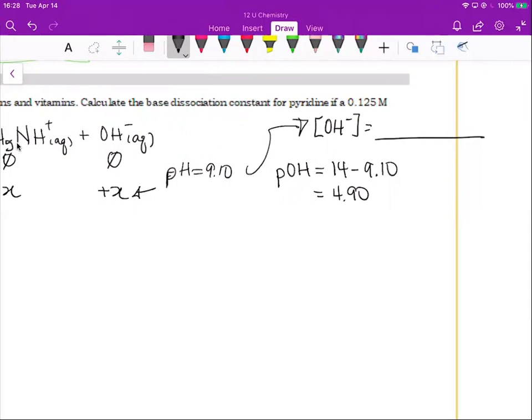Okay, and so then I'm able to find my concentration of hydroxide by doing 10 to the power of negative 4.90, which I get 1.26 times 10 to the minus 5.